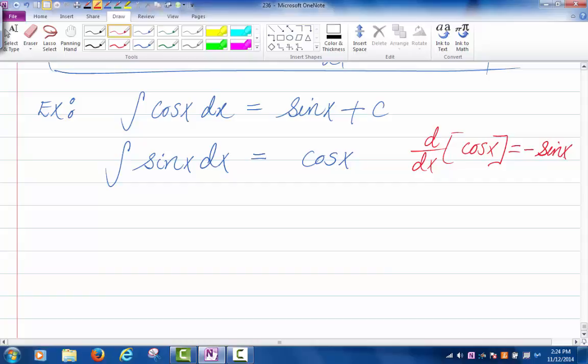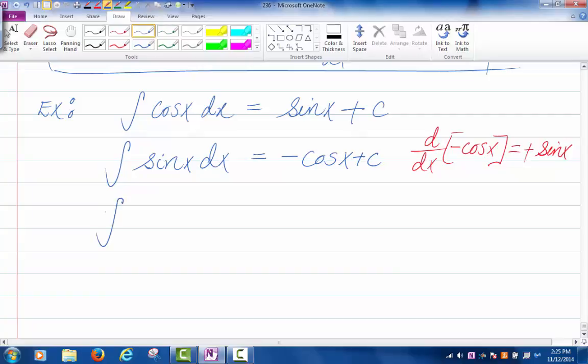So how would I get just positive sine x? If I take the derivative of negative cosine x, I'm going to end up with a positive sine x. So the indefinite integral of sine x is negative cosine x plus c. Is that making sense? You guys are okay with that?